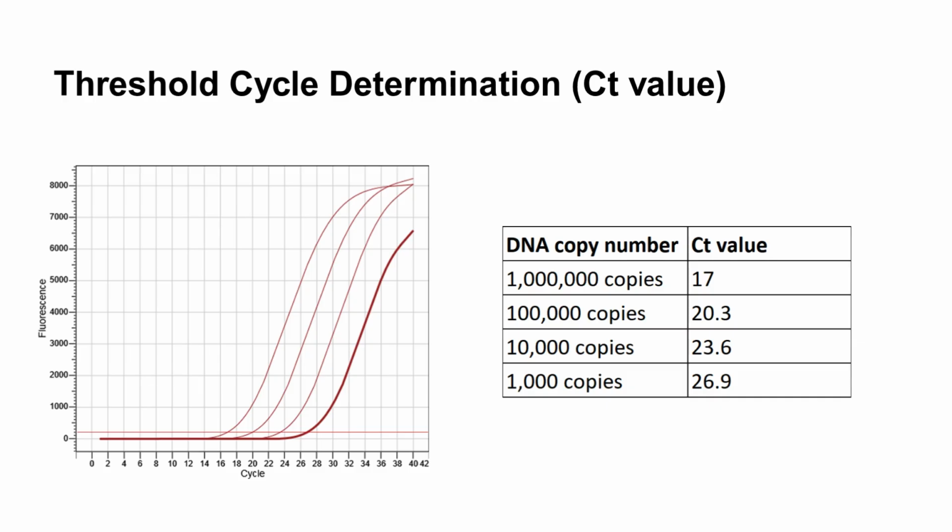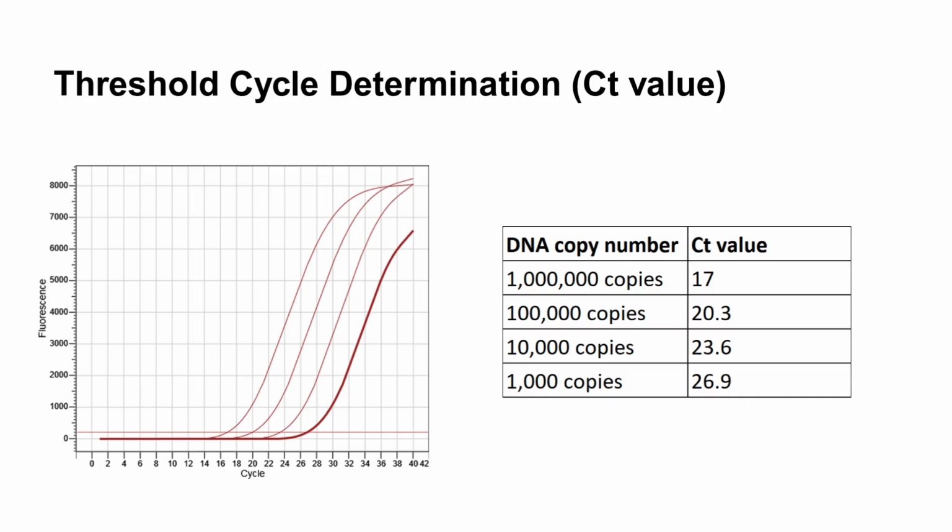But when you take a template which is of lower quantity, a 10-fold lower quantity, about 100,000 copies, for these 100,000 copies to reach this exponential phase, it takes some more number of cycles, probably 3 or 4 more cycles.